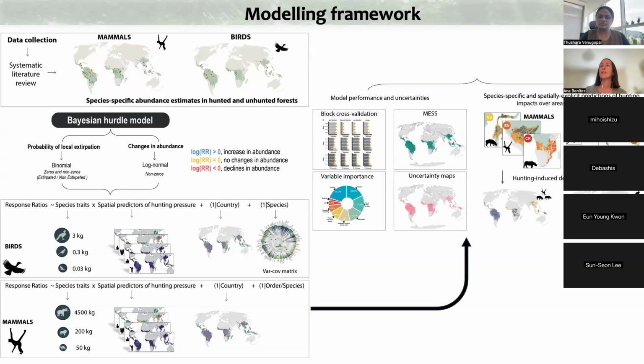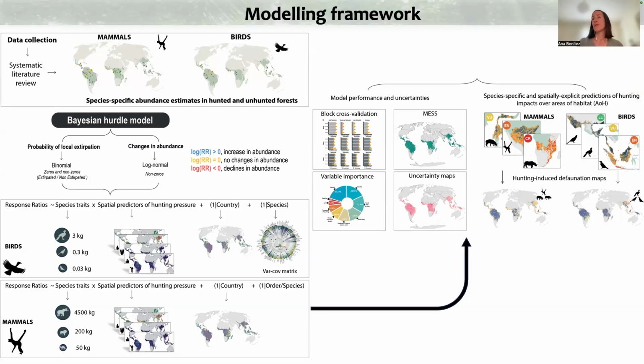So we did all this, and then, of course, we ran our predictive performance analysis. But then we predict our models to each of the species of mammals and birds in the tropics. So we have these species-specific defaunation maps for each of the species, and when we stack them together, we can have per grid cell an index of defaunation for the mammal or the bird community.